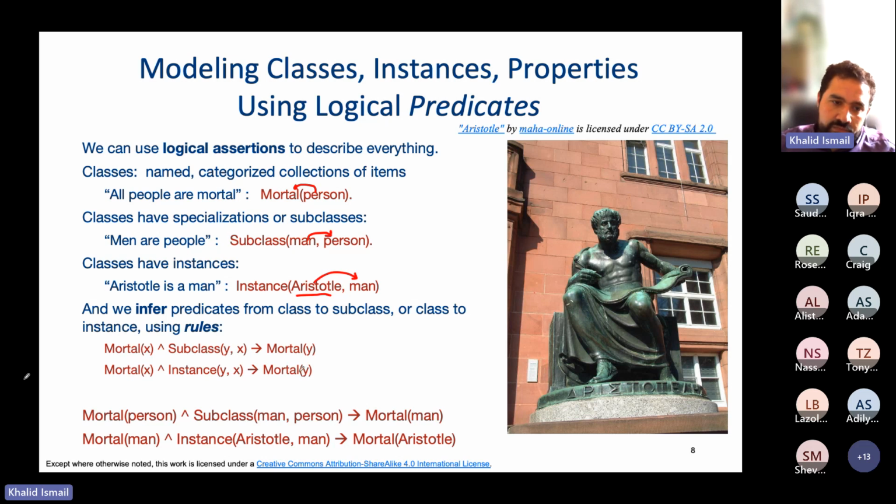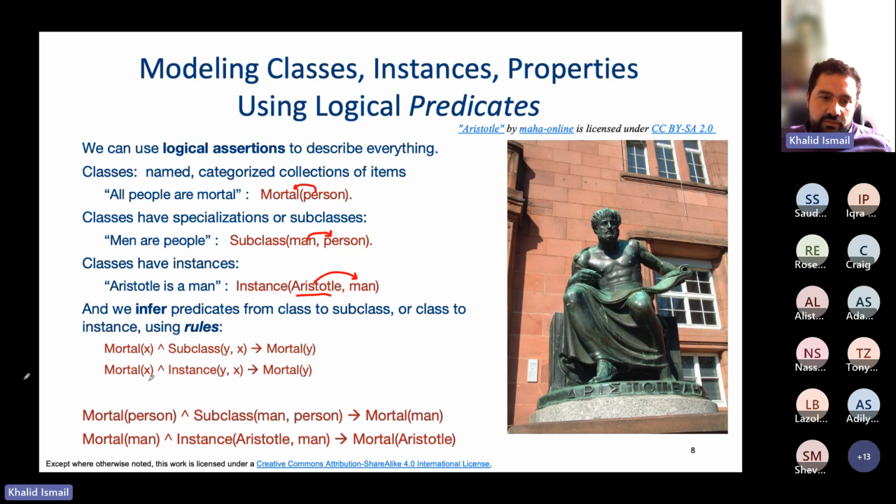If X is mortal and Y is a subclass of X, then that leads to Y is mortal. So if X is mortal and Y is a subclass of X, we can get the information that Y is mortal.